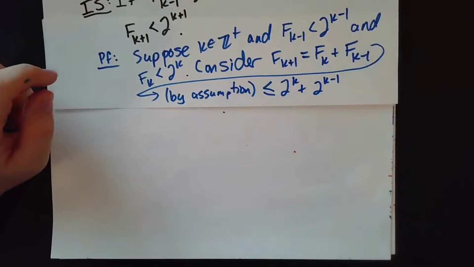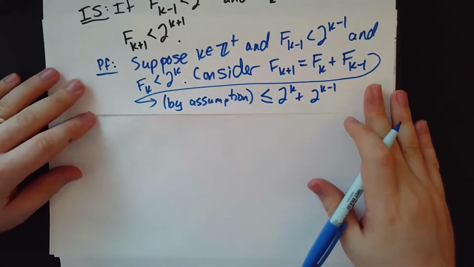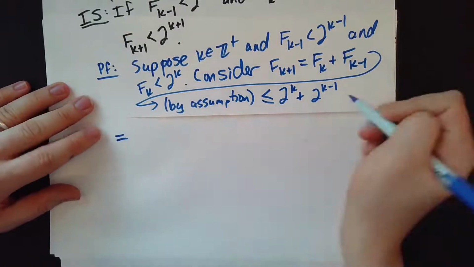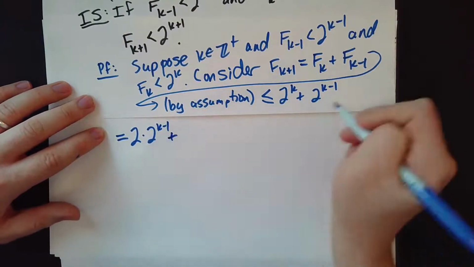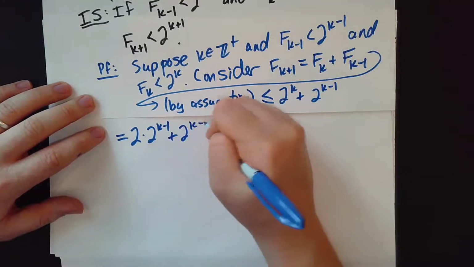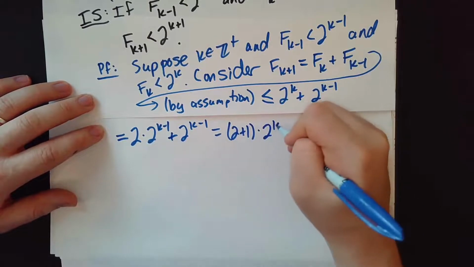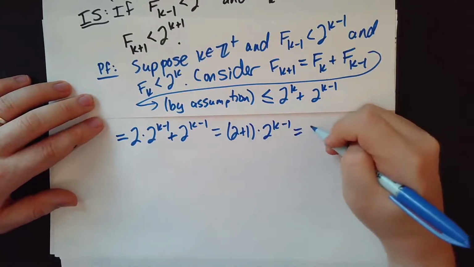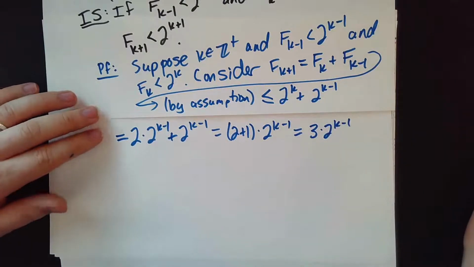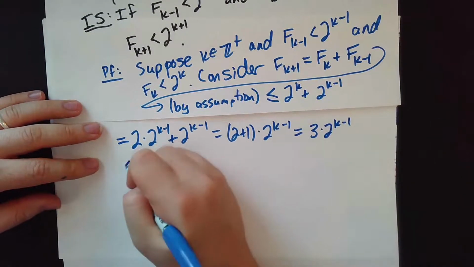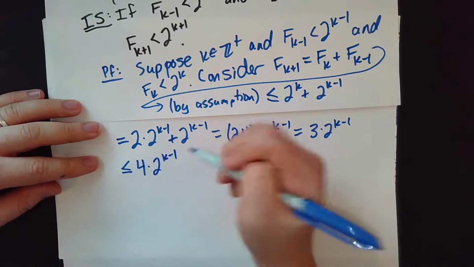which, if I keep going, is equal to 2 times 2 to the k minus 1 plus 2 to the k minus 1, which is 2 plus 1 times 2 to the k minus 1, which is 3 times 2 to the k minus 1, which is less than or equal to 4 times 2 to the k minus 1, or sorry, strictly less than.